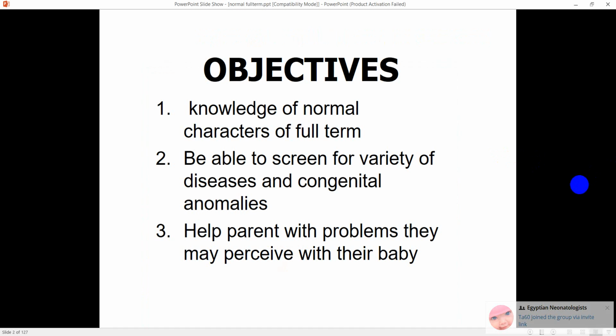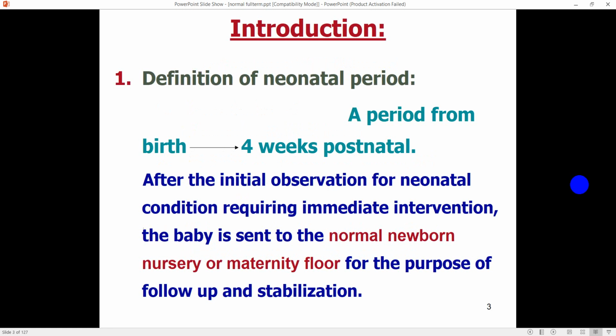We need to know the normal characters of the full term in order to be able to screen for a variety of diseases and congenital anomalies and help parents with problems they may perceive with their baby.